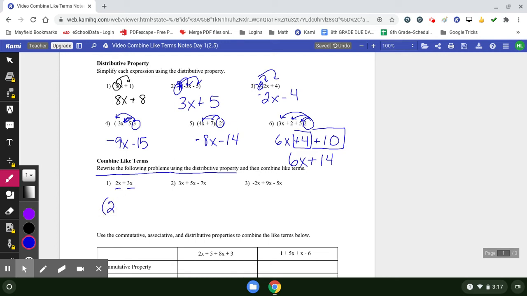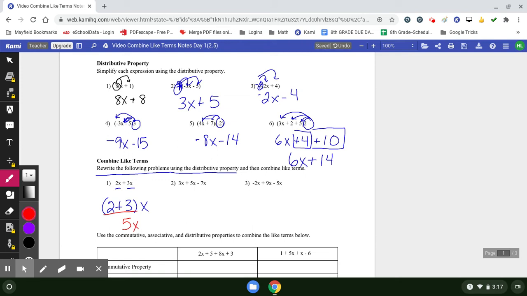So if I pull the x out and put it on the outside of parentheses, I'm left with 2 plus 3 in parentheses times x. Then when I go to simplify, I can do 2 plus 3, which is 5, and I get 5x. So that's why we're able to combine like terms.